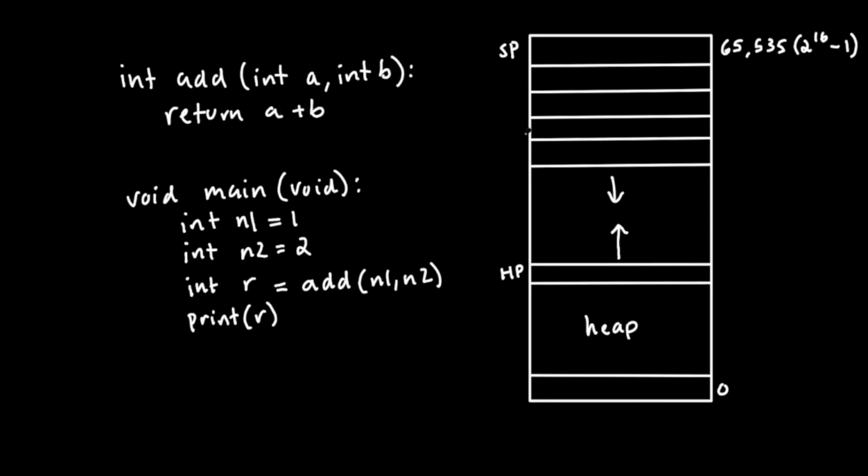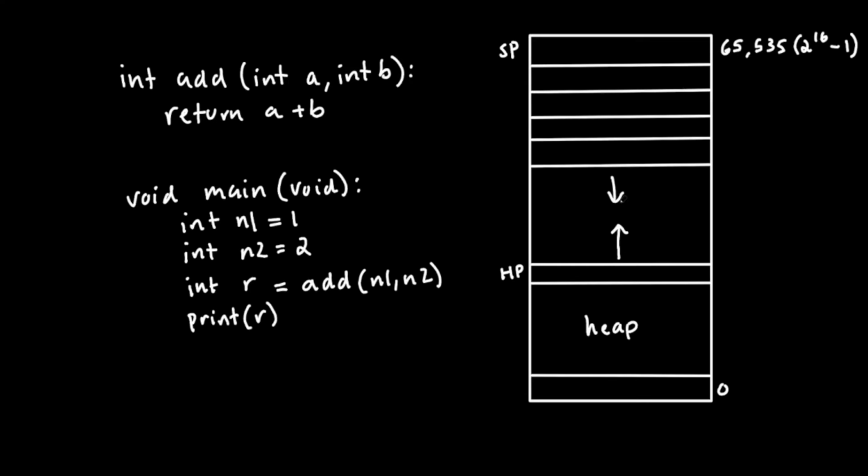Very simple program. Now off to the right, I've drawn what a typical memory layout would look like. Now while we are only concerned with the stack and the stack pointer, it's important to know that the heap exists and that the heap grows upwards and the stack tends to grow downward.